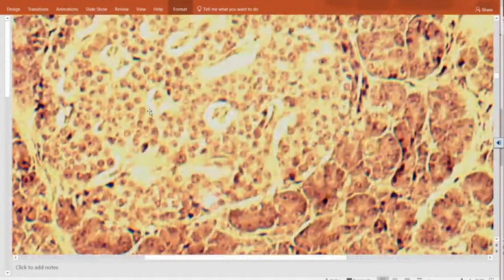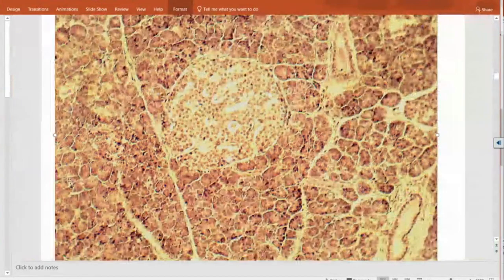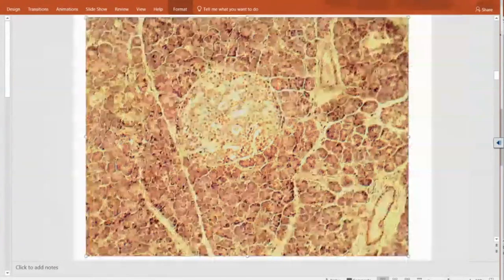That is cuboidal epithelium. And by the way, if you come out to this other tissue here, those nuclei are also round. I know it's hard to see. So whether we're talking out here, all of this stuff, or in here, it's all cuboidal epithelium. Most of the pancreas is cuboidal epithelium.